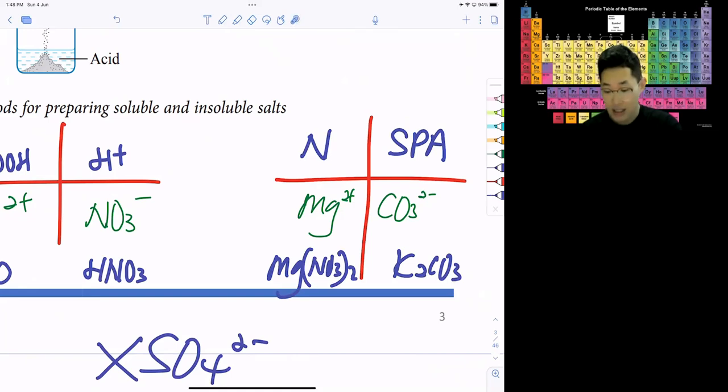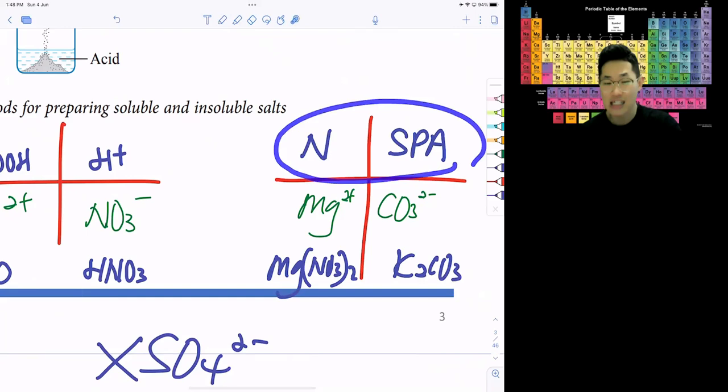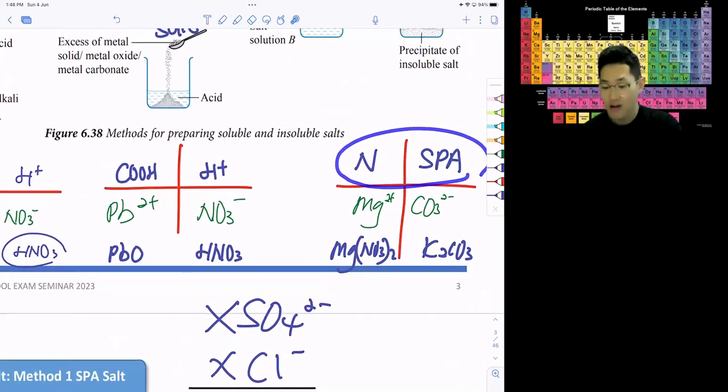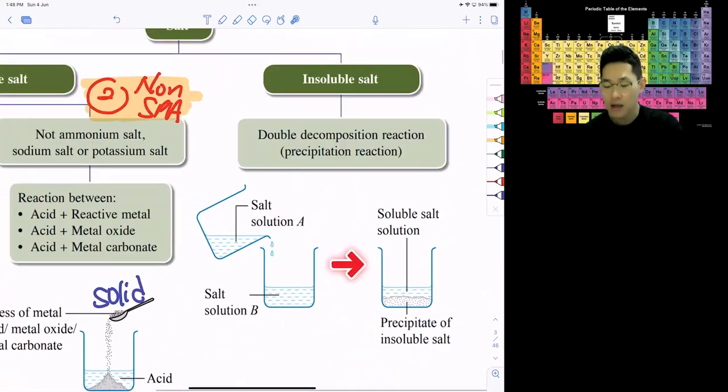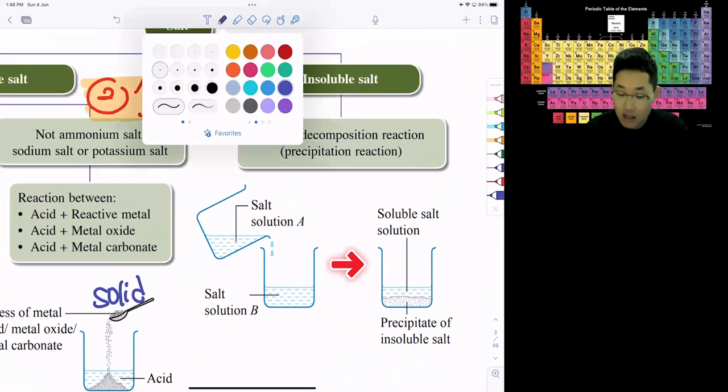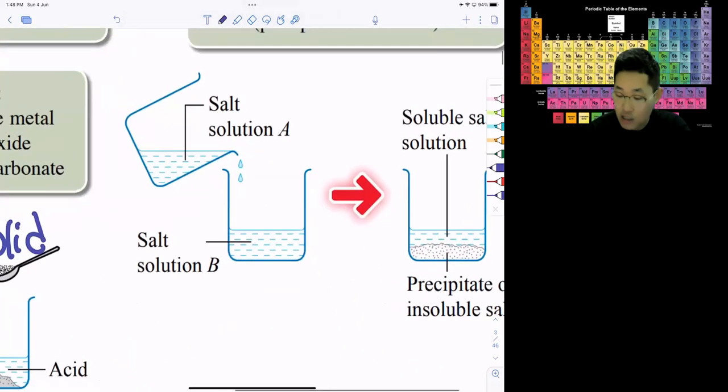Just like that. So the reason why I use N-spar here is because for insoluble salt, it must be a double decomposition reaction. It means the reactant that you use must be a salt solution and salt solution. It has to be salt 1, salt 2.